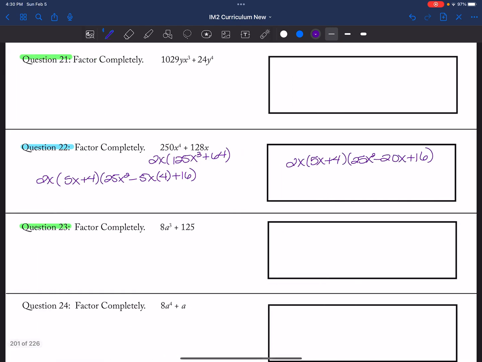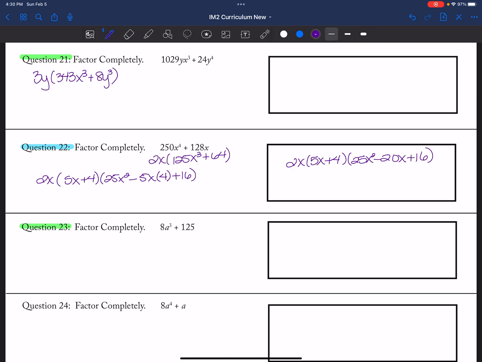They're divisible by 3. We just did this one. So 1029 divided by 3 was 343. So I'm going to pull a 3y out, and I'm left with 343x cubed plus 8y cubed.